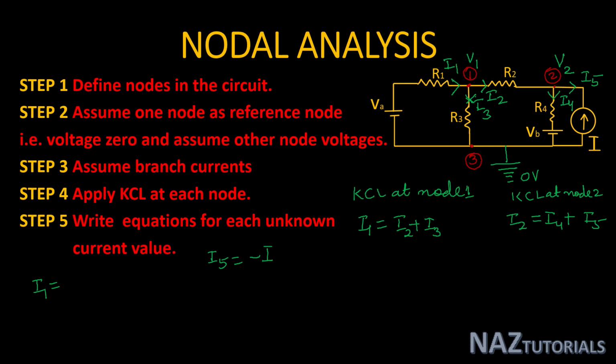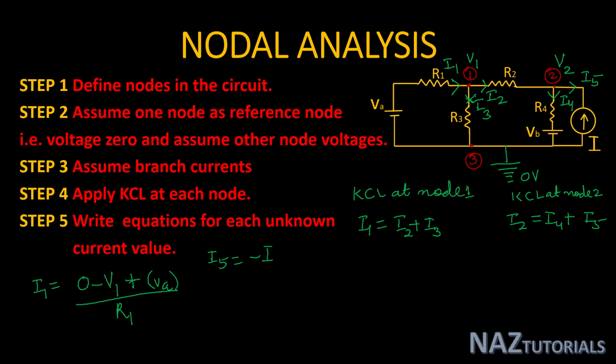Initial voltage is 0 and final voltage is V1. 0 minus V1 plus the source voltage, if you see the source voltage according to the current direction, that is plus VA, divided by the branch resistance R1.